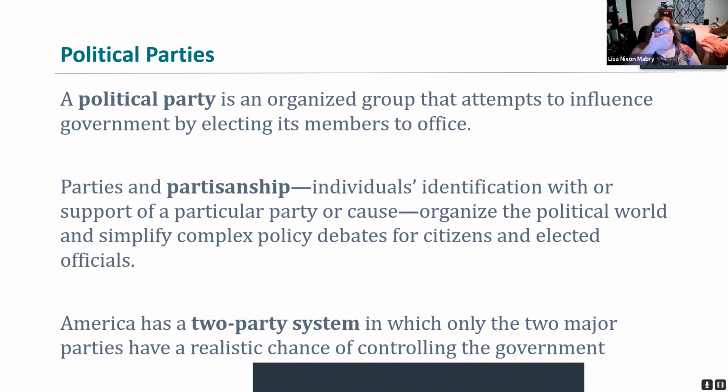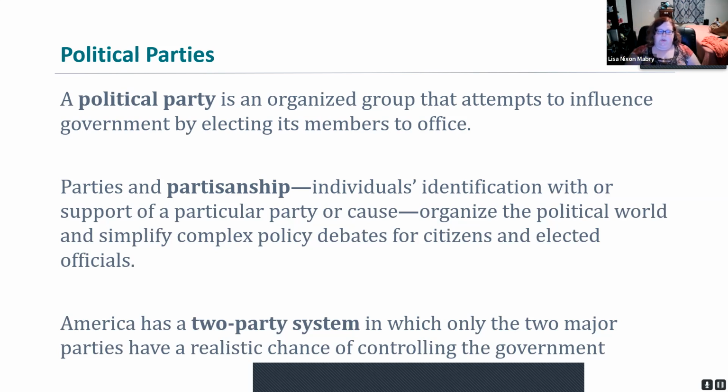And then your book discusses partisanship, which is definitely related to a political party. It is very much focused on particular leanings. Your book defines partisanship as identification with or support of a particular party or cause.